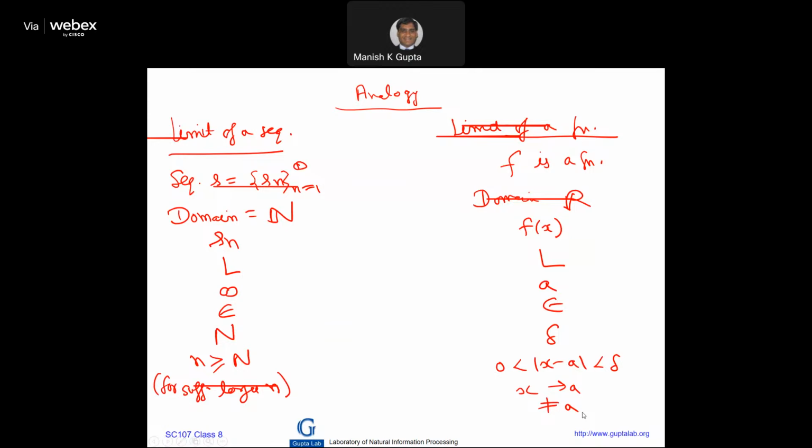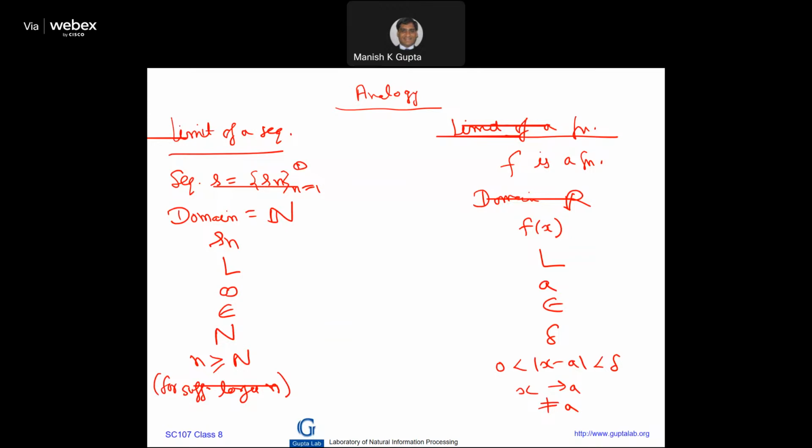You can see limit of a sequence, limit of a function, right? So what do you need to replace? Many times people are confused even in this. That's why I have written this analogy, right? A sequence Sn converges towards L if for every epsilon positive, there exists an integer capital N such that mod of Sn minus L is less than epsilon for every small n greater than or equal to capital N, right? That's the definition you can form.